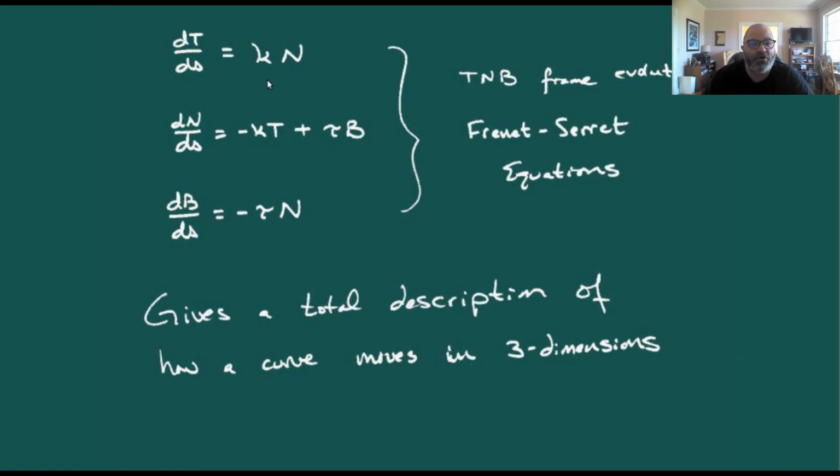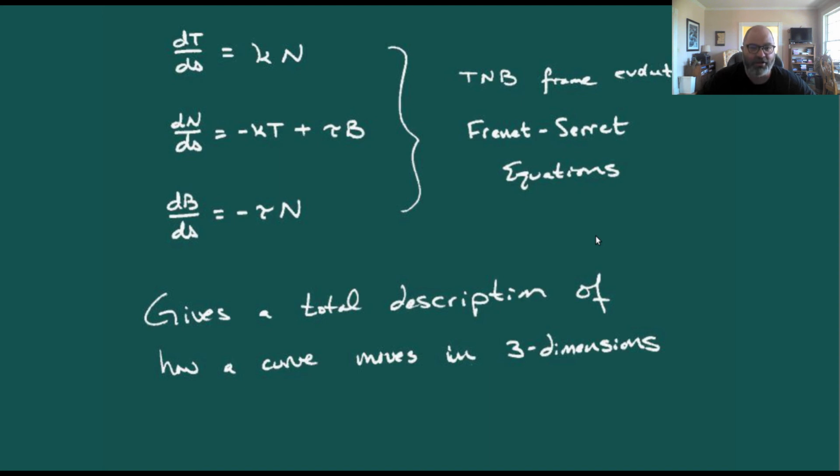If we know the curvature and we know the torsion, then that's going to almost uniquely get us a vector curve that will move in that way. So we've got all of the possible information contained in those three coordinate vectors in this TNB frame.